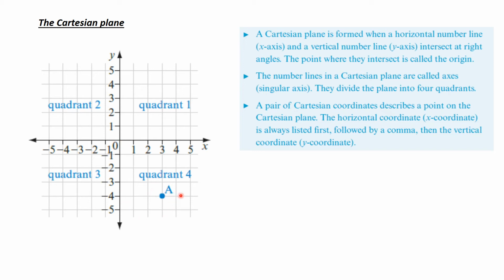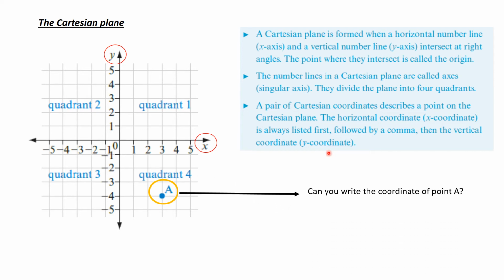You might have noticed here that there's a point labelled A. We're going to write down the coordinate of point A and see how we do this. I've just circled X and Y, making sure we always label those. Now let's have a go at writing the coordinate of A. Have a think about which number comes first based off our definitions here.